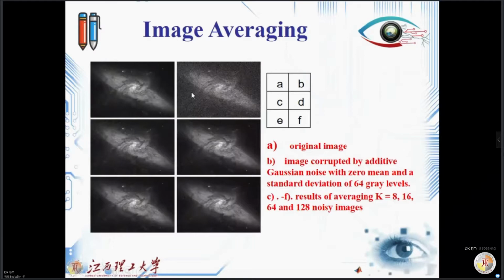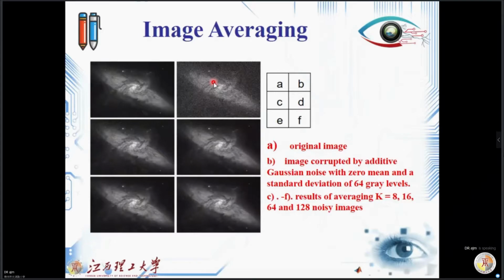Suppose the picture A, this figure, let me give the pointer. Yes, this is my original image, number A. In B, we have the image corrupted by additive Gaussian noise. I add some Gaussian noise with zero mean and a standard deviation of 64 gray levels.